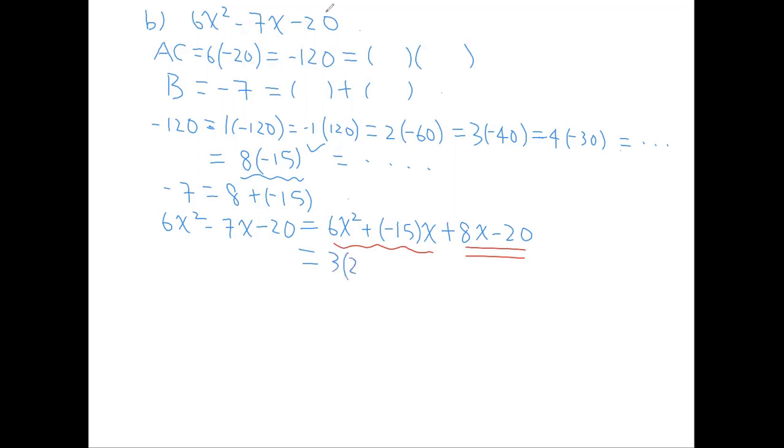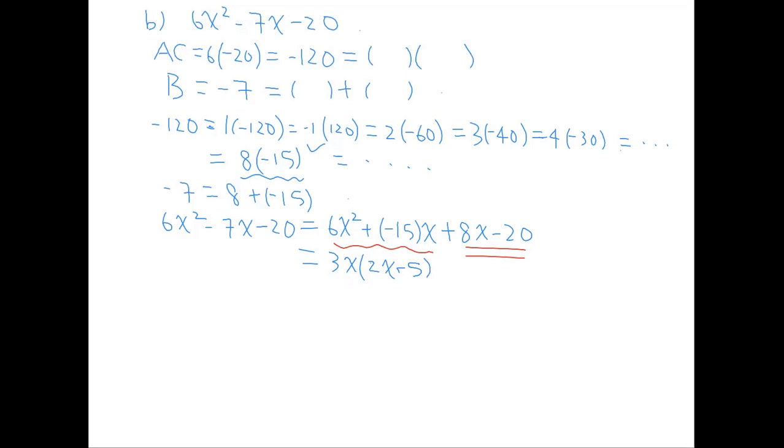So you have 2x squared divide 2, no. The numeric part is 3, but then the variable part is x. So we got 2x, then minus 15, negative 15 divided by 3, negative 5. 2x minus 5, okay?